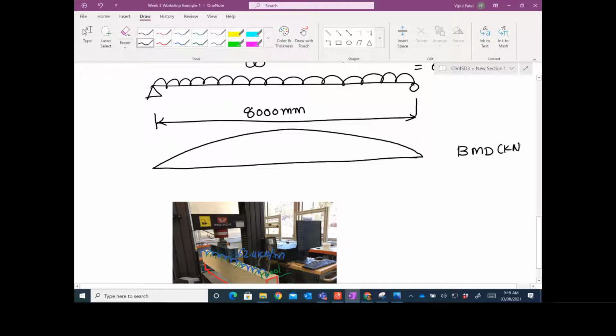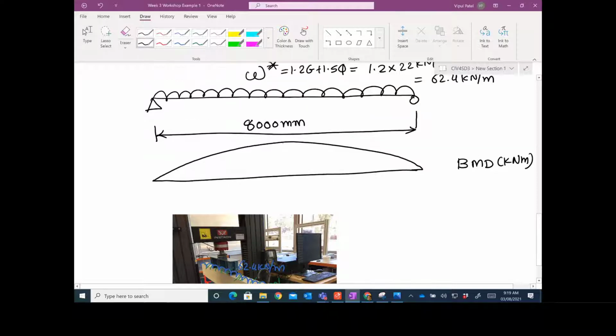Bending moment diagram, in kilonewton meters. Now, the bending moment at 4000 millimeters would be maximum. Let me represent it by M star. So the bending moment is represented by M star. We call this M star the design moment.